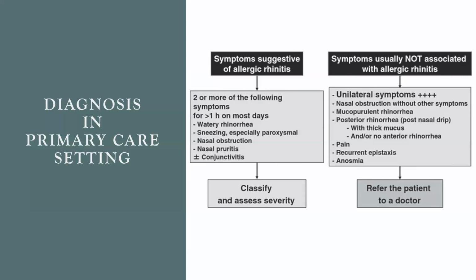However, there are some symptoms that, if you hear them from the patient and they are the main complaint from the parents, it's very important to exclude allergic rhinitis, because by themselves they are not common in allergic rhinitis. So if a patient has only nasal obstruction without other symptoms, mucopurulent rhinorrhea, not clear or watery rhinorrhea, or posterior rhinorrhea or postnasal drip with thick mucus and no anterior rhinorrhea, this raises the suspicion that this could not be allergic rhinitis.